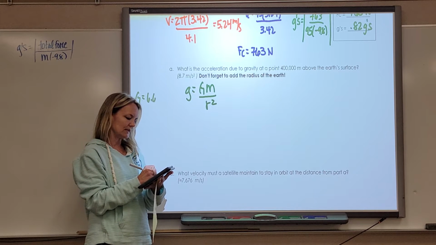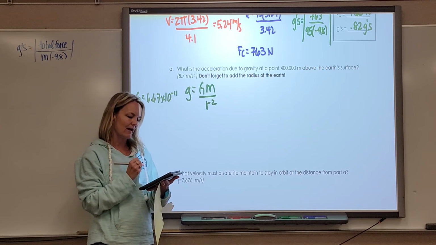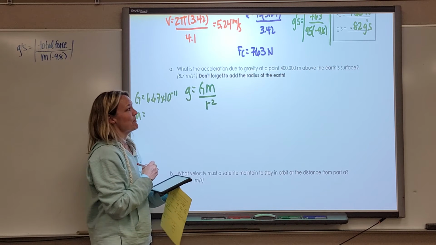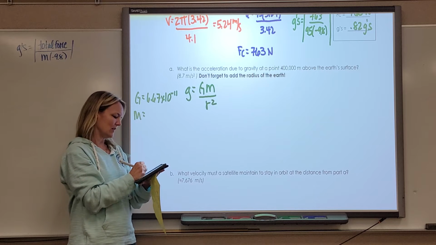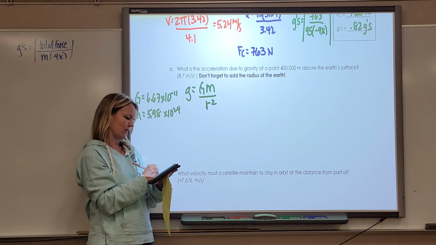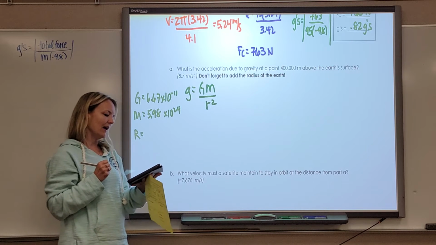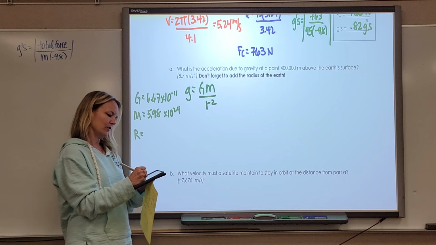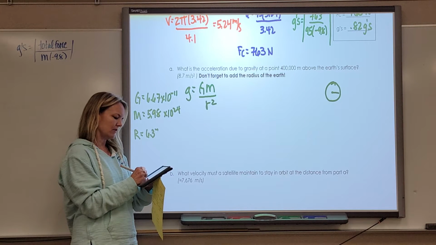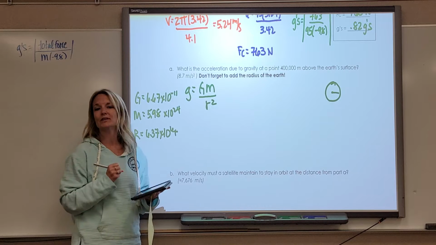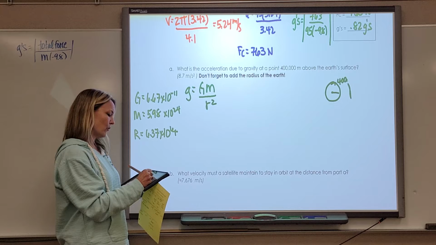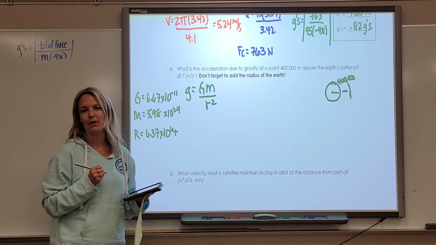That's your 6.67 times 10 to the negative 11. The M is saved in your calculator. It is the mass of the Earth, that's what I'm working with, so that's the 5.98 times 10 to the 24th kilograms. The R, I have the radius of the Earth saved in my calculator, the 6.37 times 10 to the 6, but to that, I need to add how much higher we are, which is 400,000 meters above the surface.